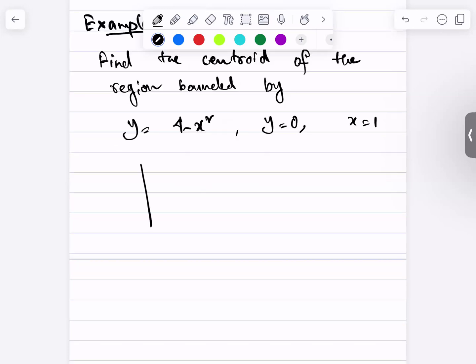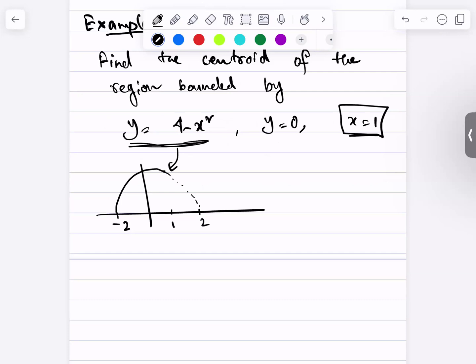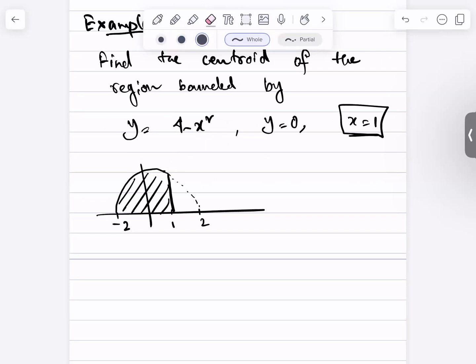So if you draw this, you'll get a picture like this: -2, this is 1, this is 2. So this will be like this. This thing will be this, but then I have to consider only the region bounded by x equal to 1. So this is x equal to 1. So my concerned area is this. Okay, cool.